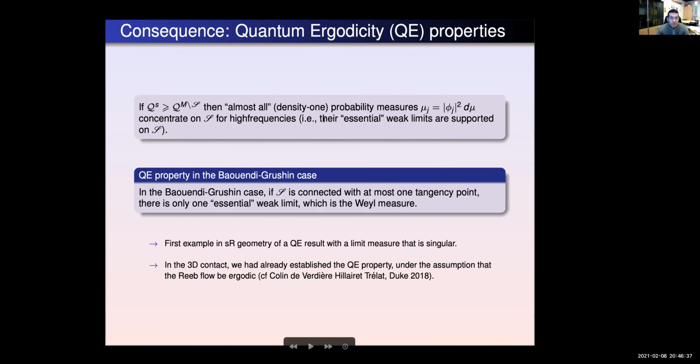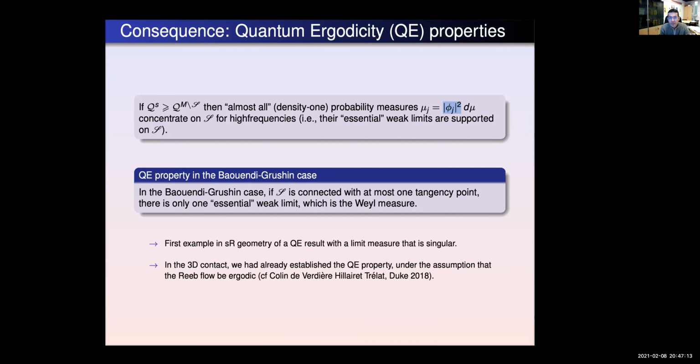By the way, as a consequence of that result, we obtain quantum ergodicity properties, because when the Hausdorff dimension of the highest strata is greater than or equal to the Hausdorff dimension of the regular region, then as a consequence of that result, it means that the high frequency eigenfunctions do concentrate on the singular set.